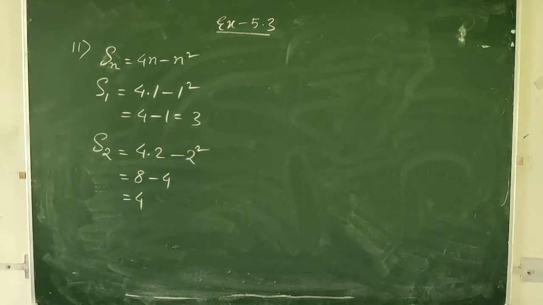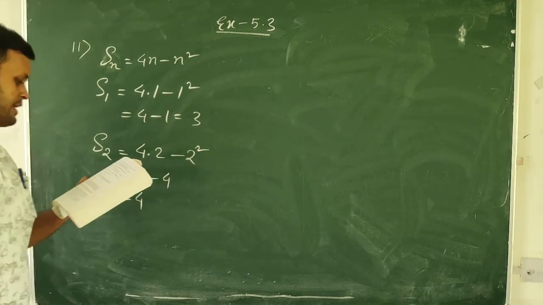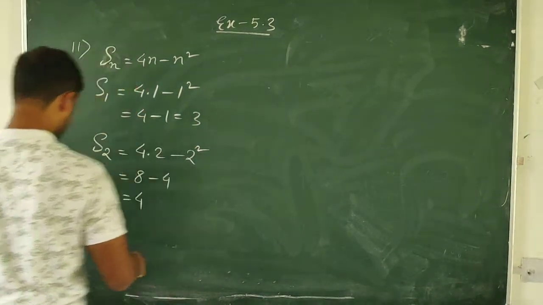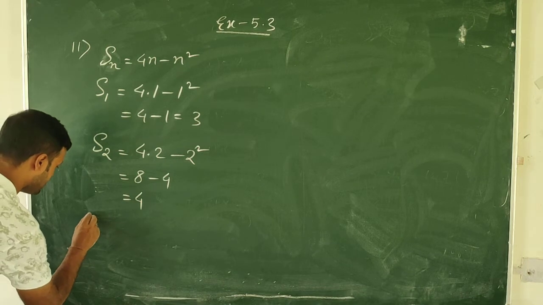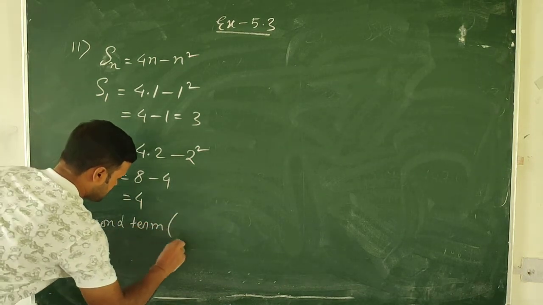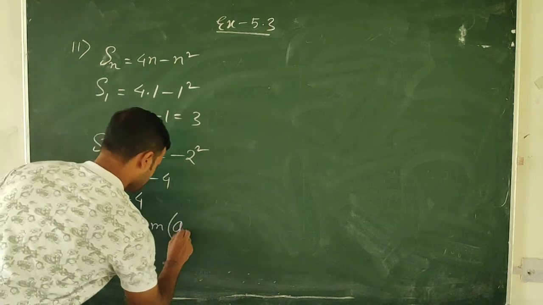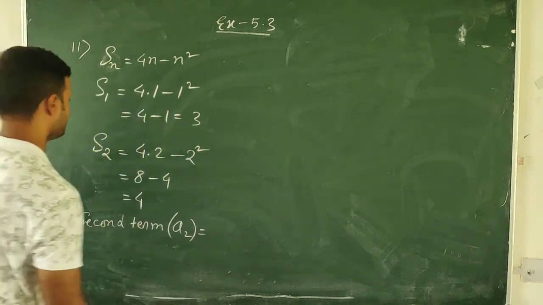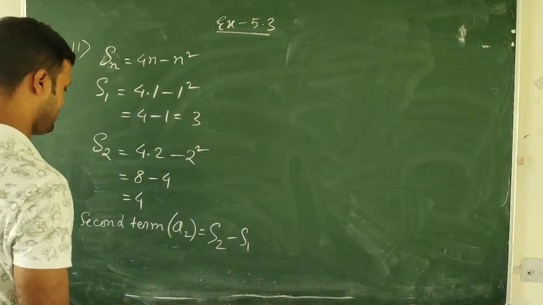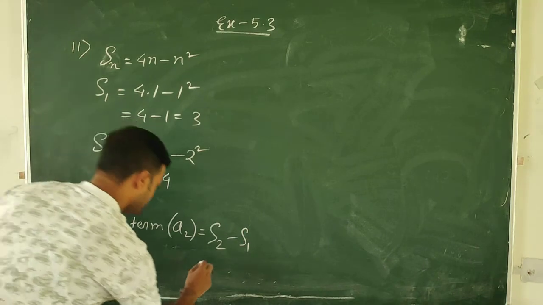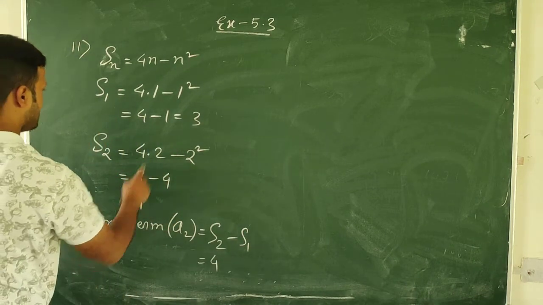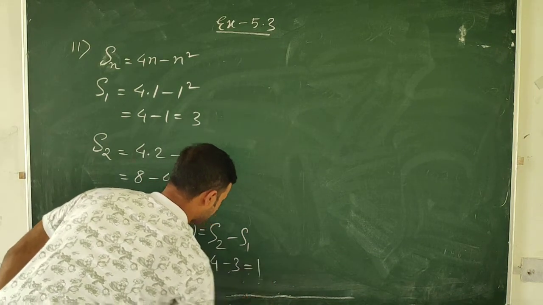Now we need to find out the second term. Second term A2 is equal to S2 minus S1. So 4 minus 3 is equal to 1.